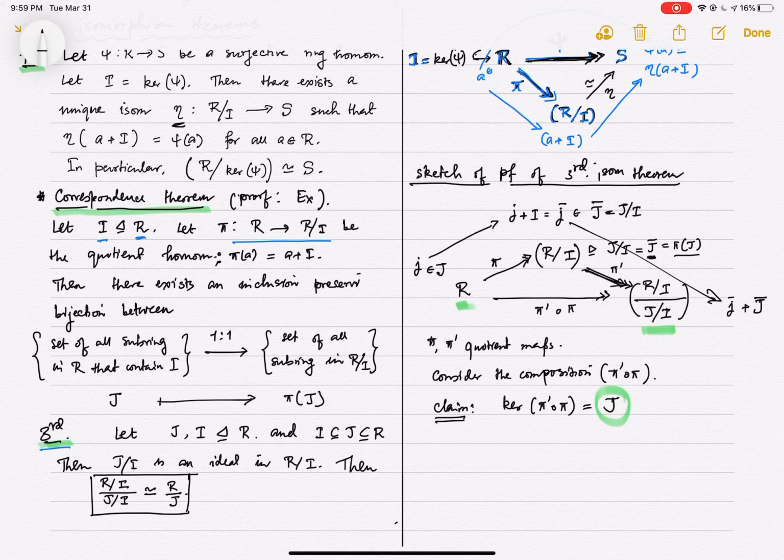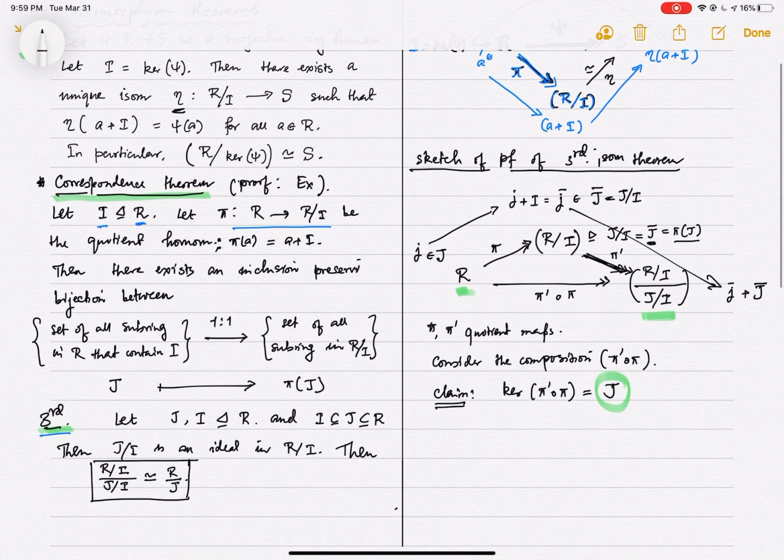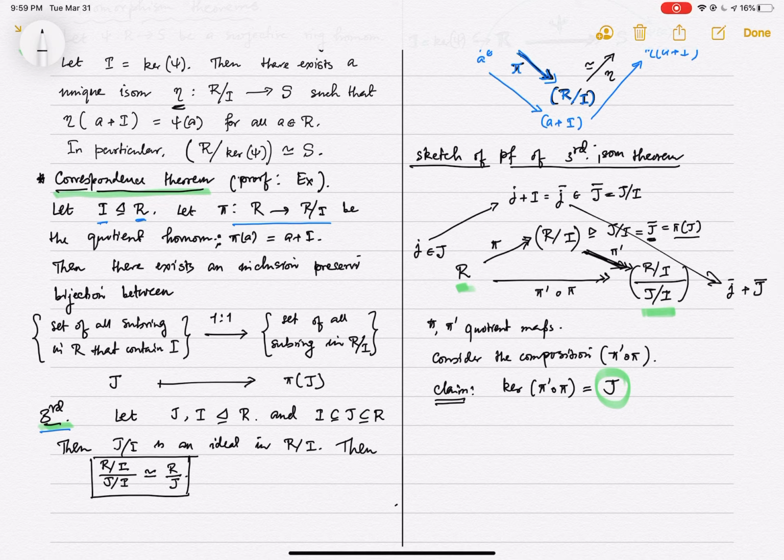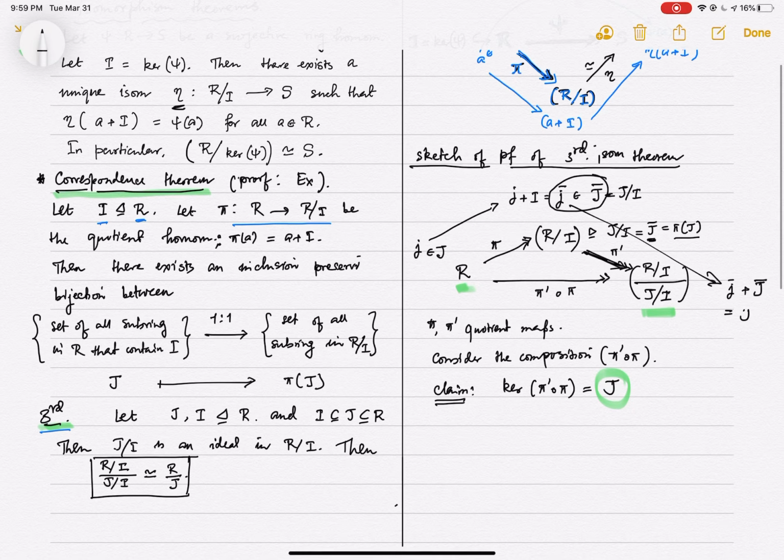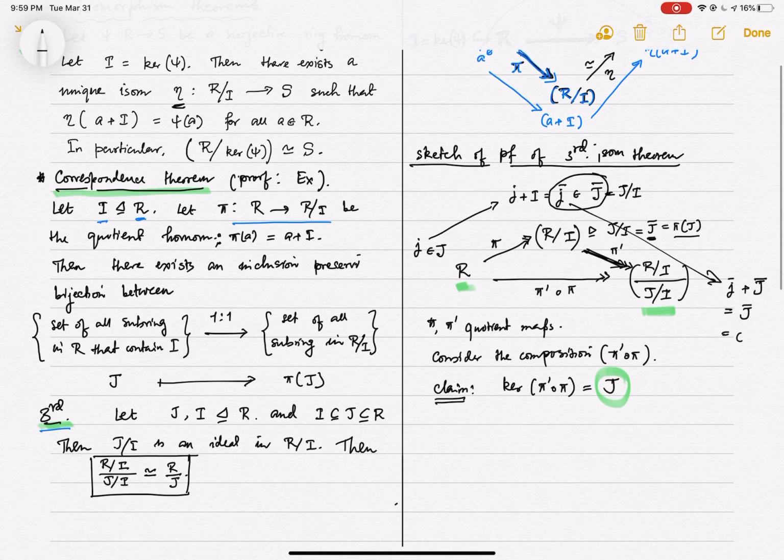This quotient map is taking the quotient modulo J bar. So it takes little j bar to little j bar plus capital J bar. But since little j bar is in capital J bar, this is the same as J bar, which is the same as the 0 of this ring.